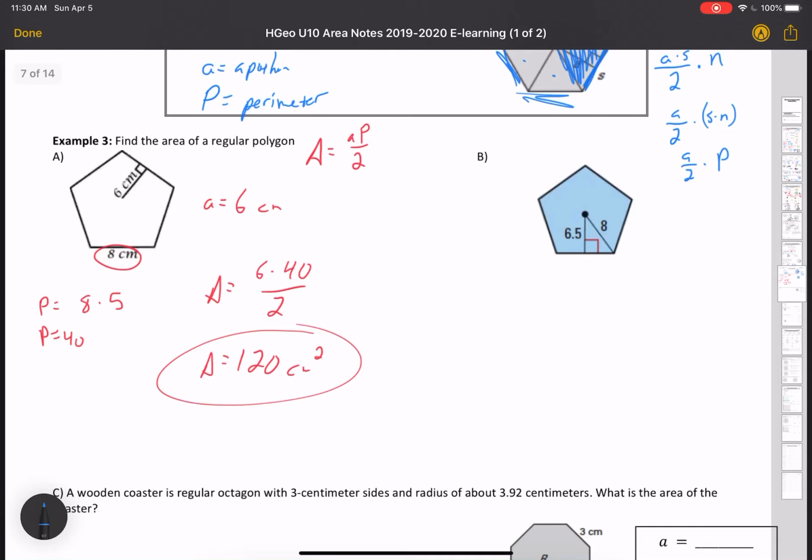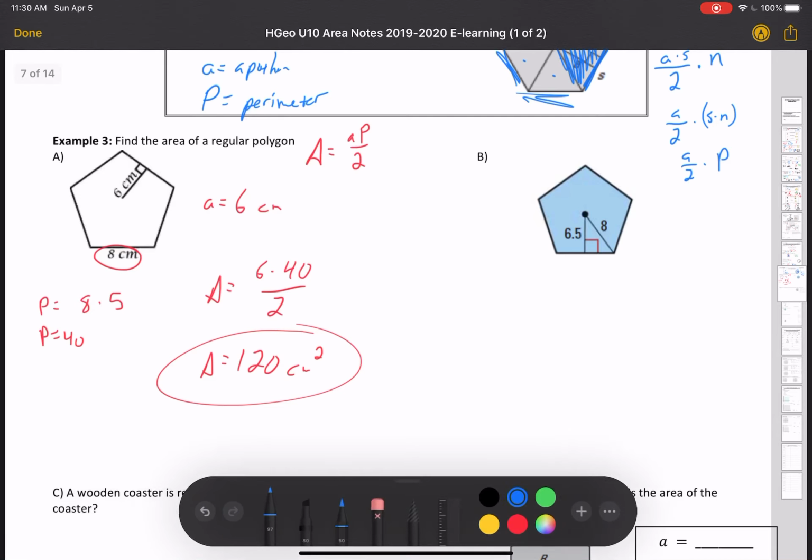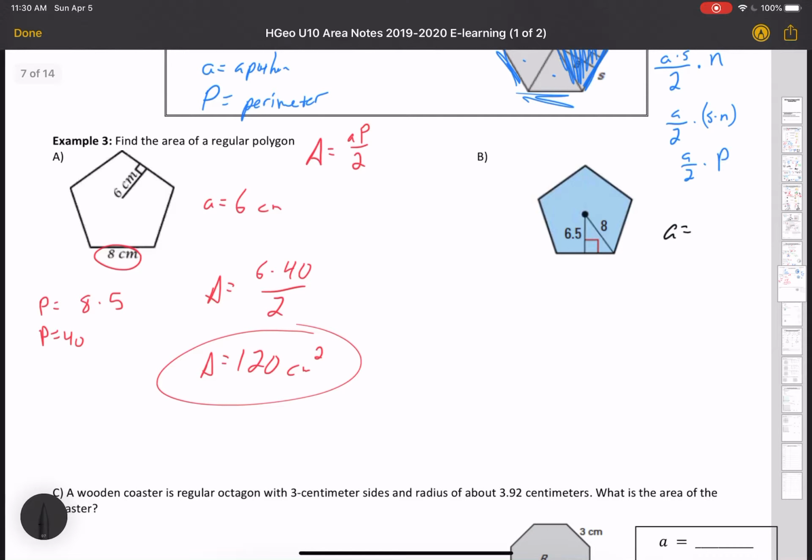B is going to make it a little bit more complicated. We see that the apothem is 6.5. Okay? 8 is the radius. Radius doesn't show up in my area formula, but it is going to help me because we don't know anything about the side lengths, and we need to find that. So if I set that up, 6.5, 8, I can find that x using the Pythagorean theorem. 6.5 squared plus x squared is equal to 8 squared.